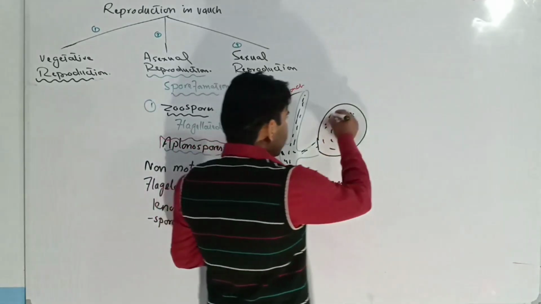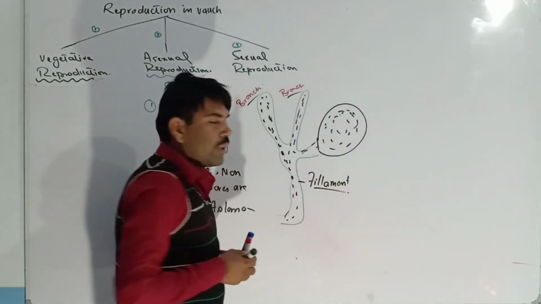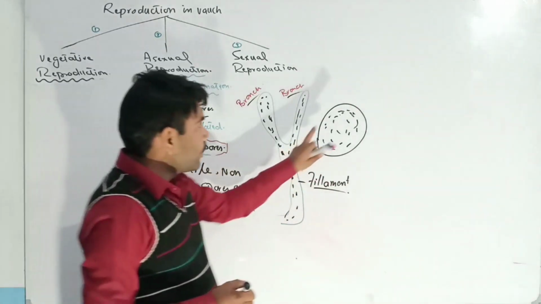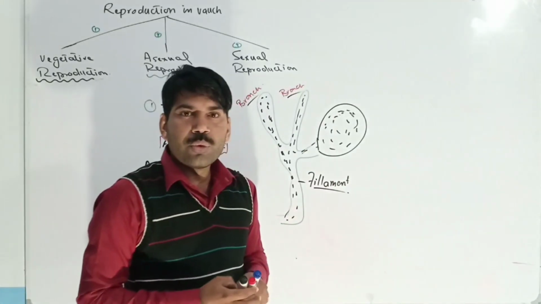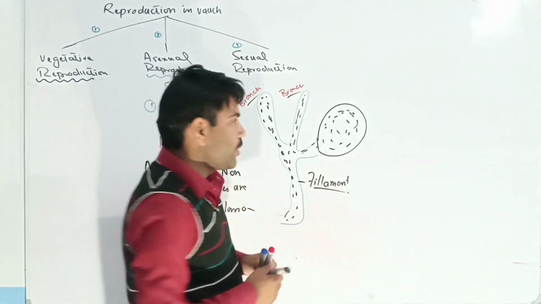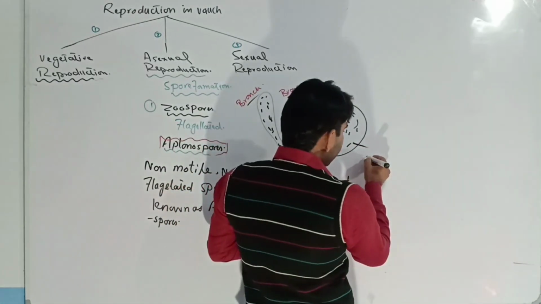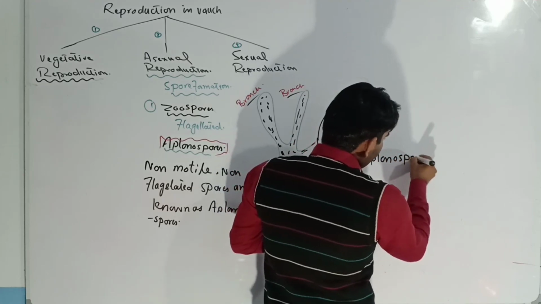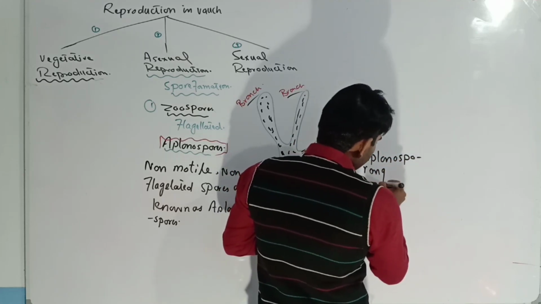So these are the structures which are involved in the formation of aplanospore. That's why this structure is known as aplanosporangia. So we can label here aplanosporangia.